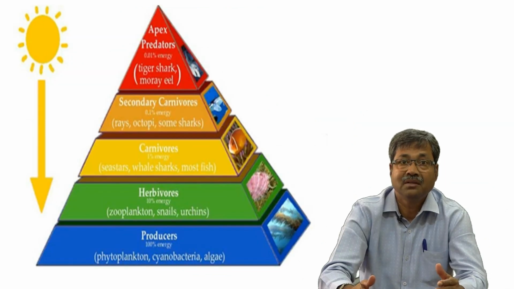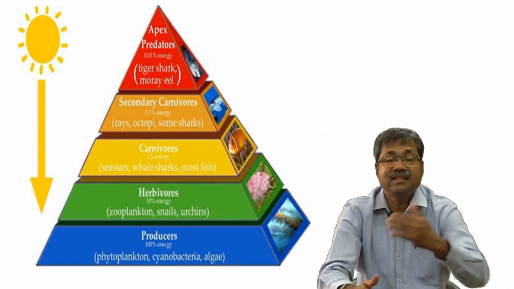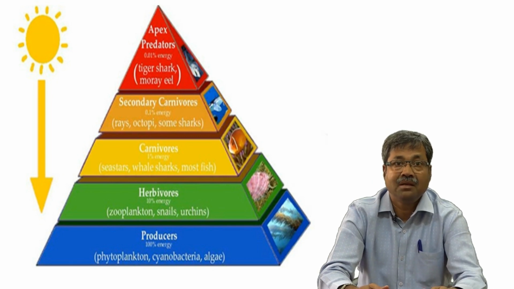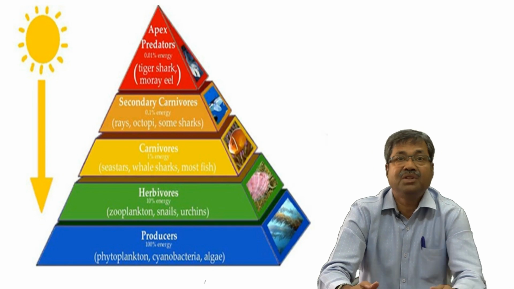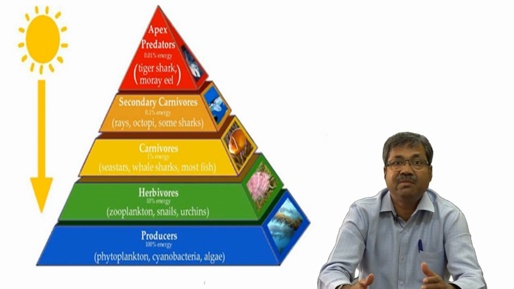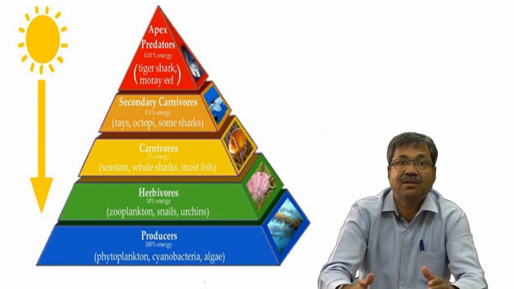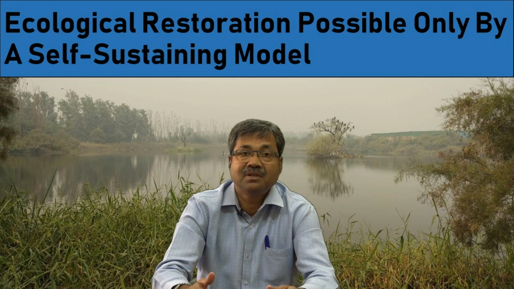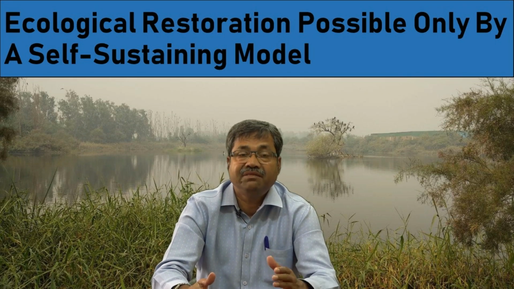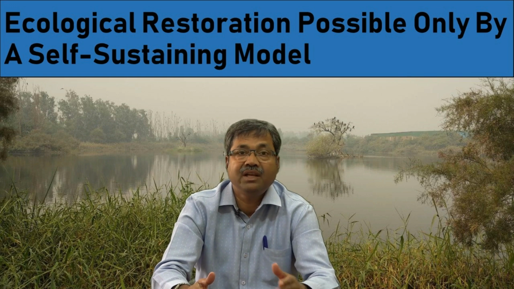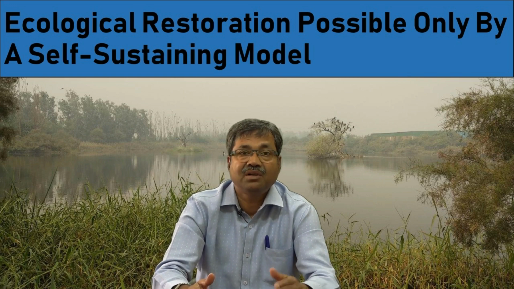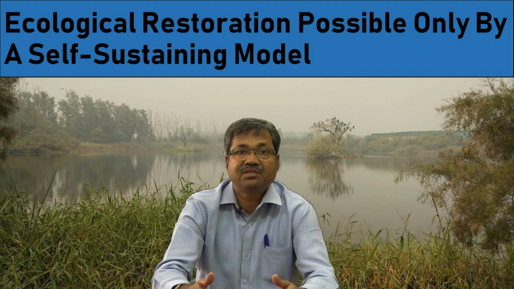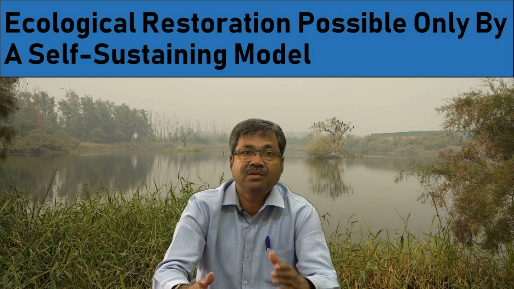So the energy cycle is disturbed, and it will not be sustainable. The trophic structure should be maintained if you want sustainability. So if you think about restoration of any ecosystem or degraded area, you must think about a model of a self-sustaining ecosystem, and it should maintain the trophic structure.